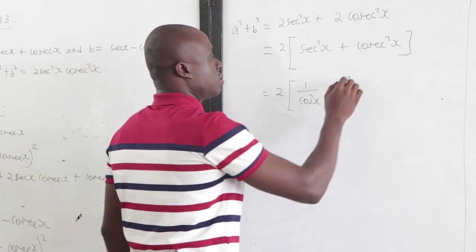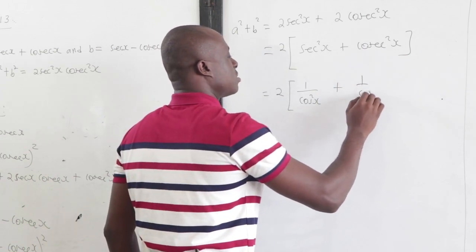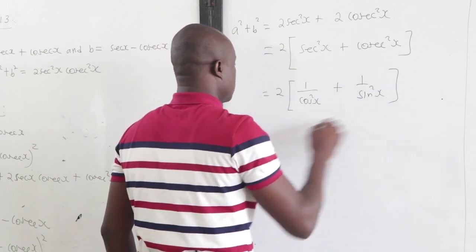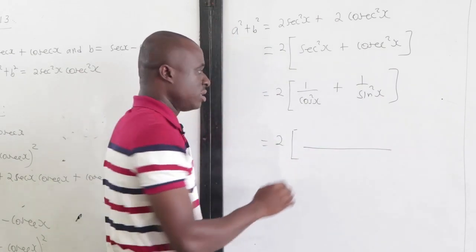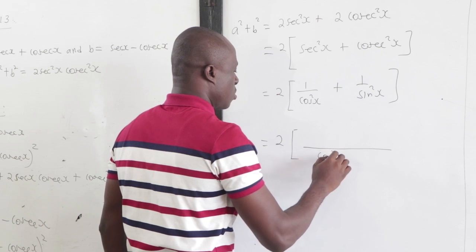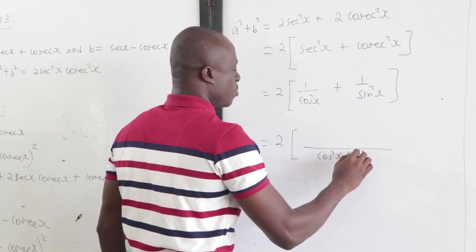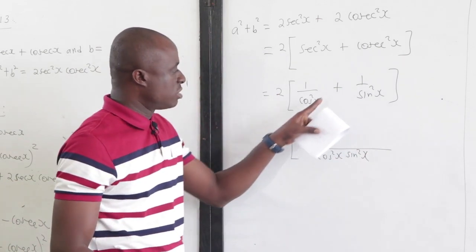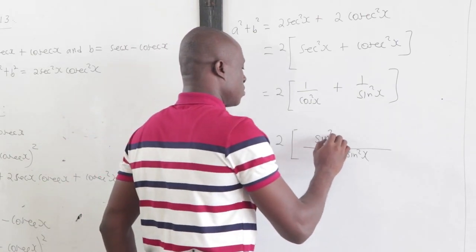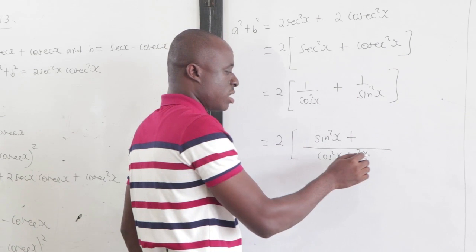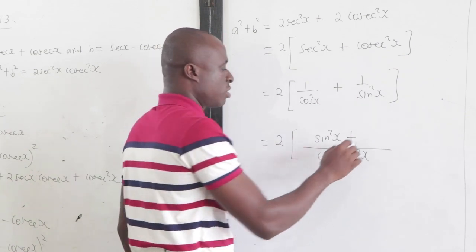Cosec square x is the same as 1 over sine square x. I'll factor 2 outside. What's the LCM? The LCM is just cos square x sine square x. What can we see? Cos square will cancel cos square. What is left? Sine square x. Sine square x will cancel sine square x. What is left? Cos square x.